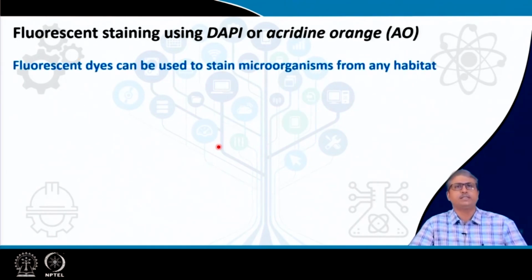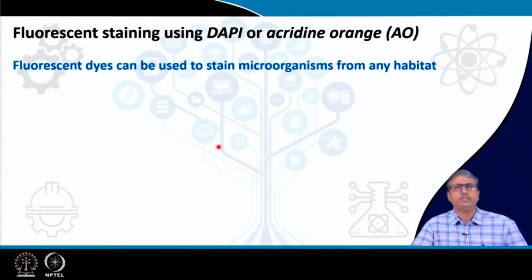These fluorescent dyes can be used to stain microorganisms from any habitat. So, you can take environmental samples from any habitat, prepare them as per the protocols, stain them, and following staining you can see the samples under the microscope. Here I just want to remind that no isolation of bacteria, no pure culture, no medium, nothing is required.